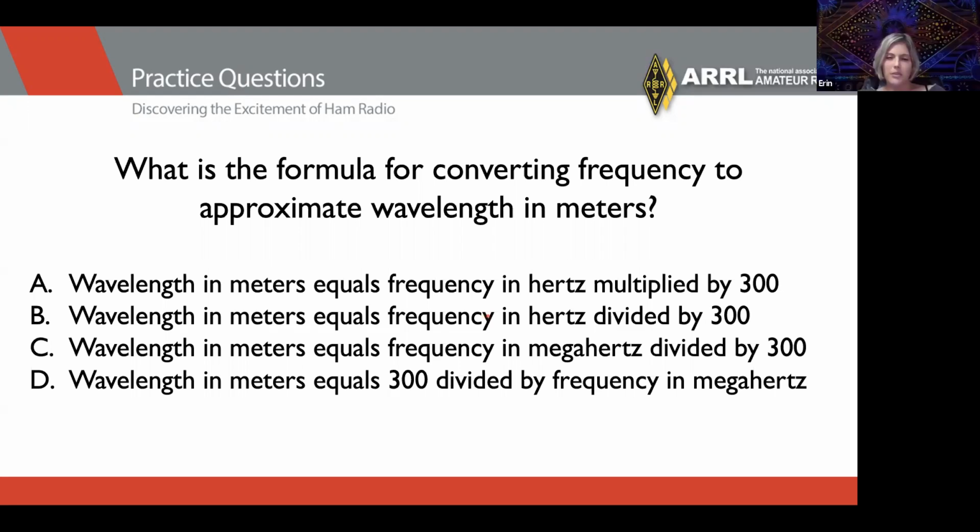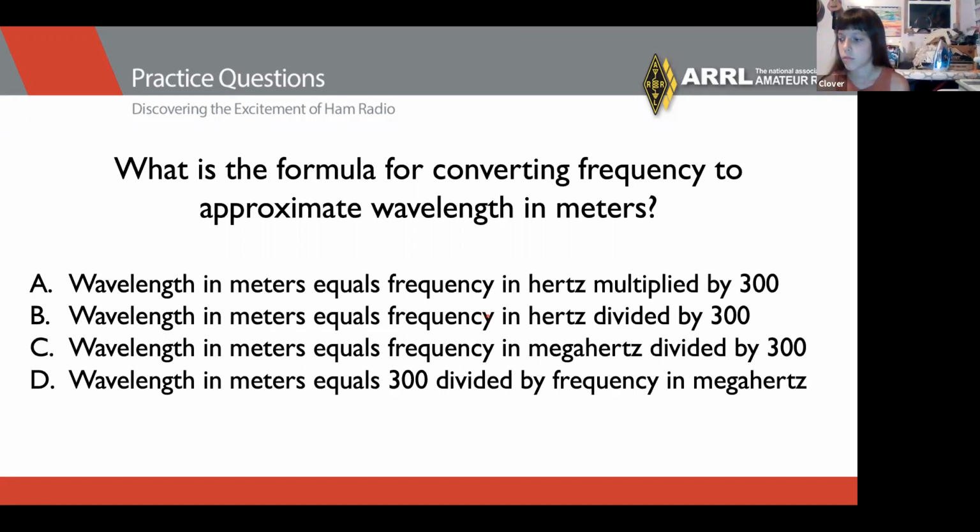So why did I remember 300 million? Because I purposely remembered that number. So meters and mega. 300 million was the speed of light, 300 million meters per second. And if you use that, then the formula is actually 300 million divided by the frequency in hertz.